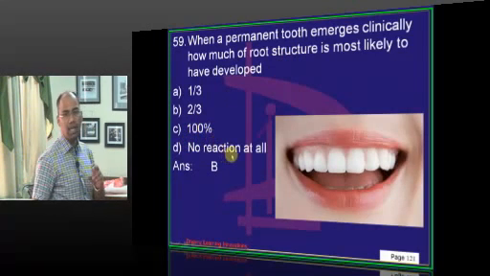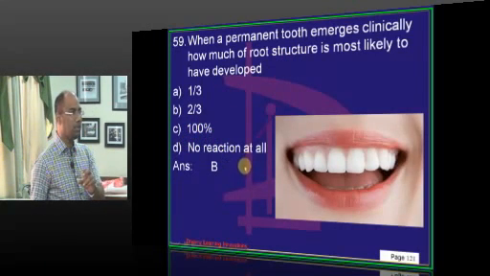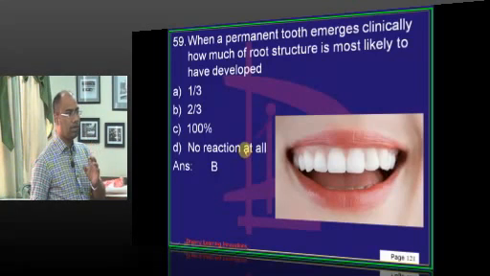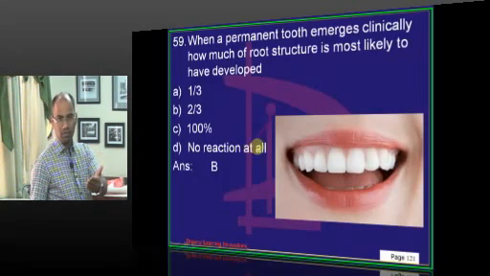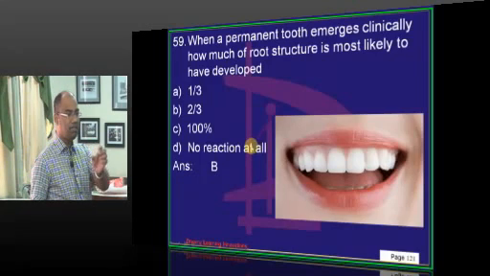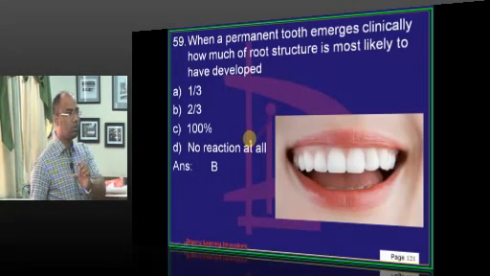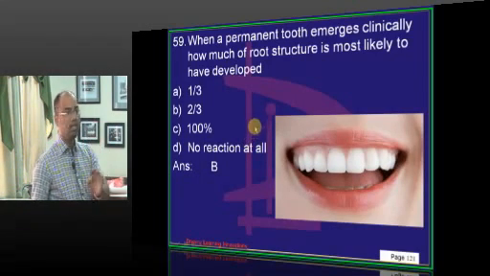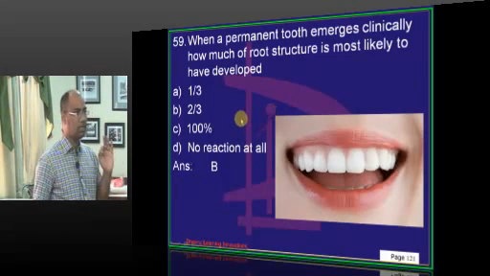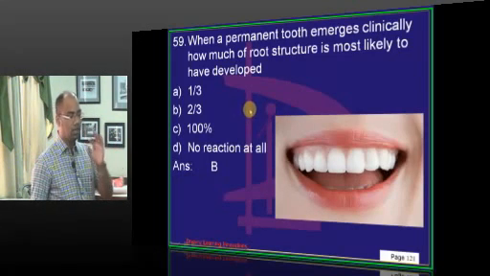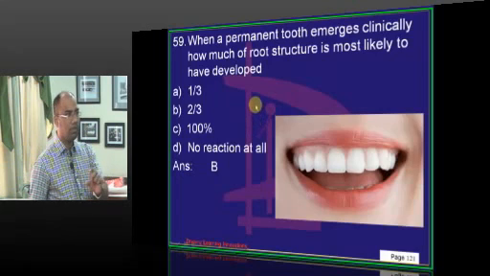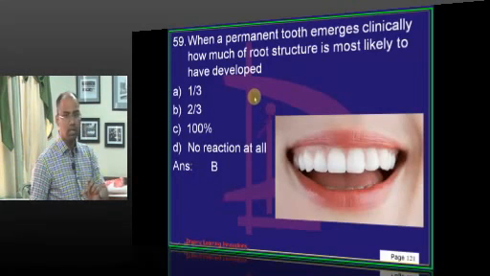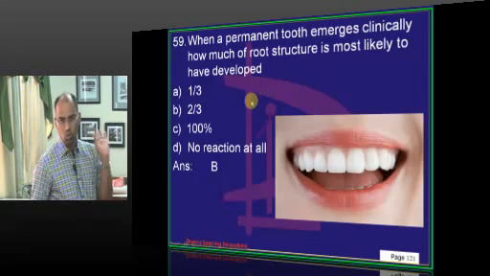So whenever you see any retained primary teeth, the clinical checkpoint is, the moment you have a radiograph with you, see whether two-thirds of the permanent tooth root is formed. Immediately remove the primary tooth. You can tell the patient confidently that two-thirds or three-fourths of the permanent root is formed, that the primary tooth has to go.